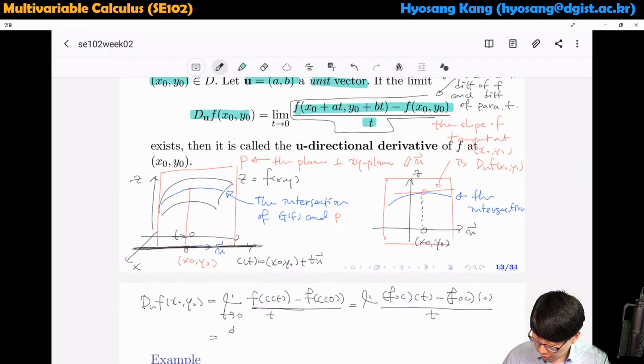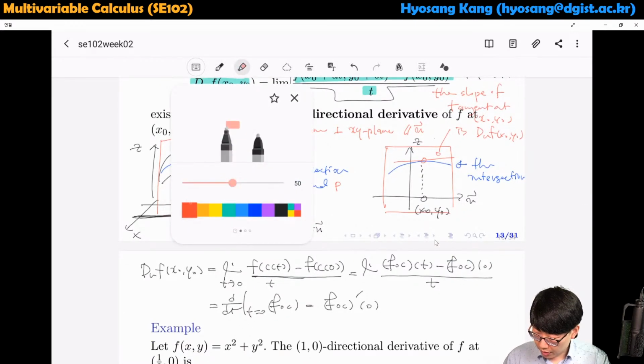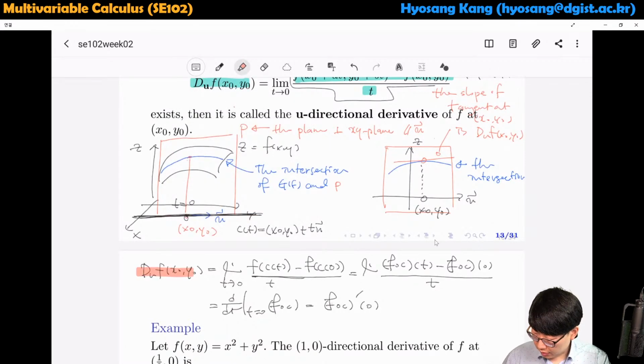So this is d/dt at t equals 0 of f(c(t)), in other words, (f composite c)'(0). So you should remember there is another way of describing the directional derivative, using a single variable function.